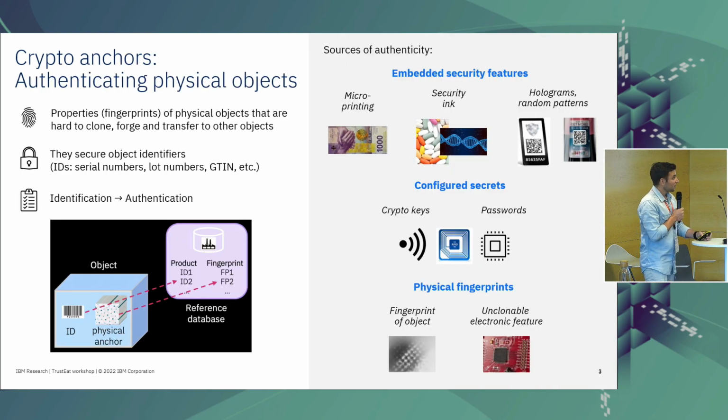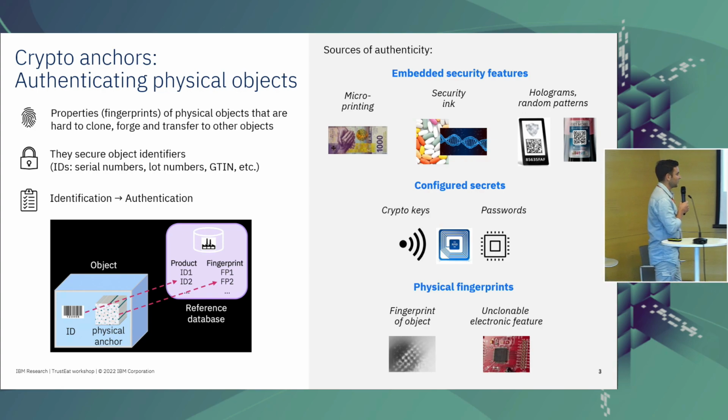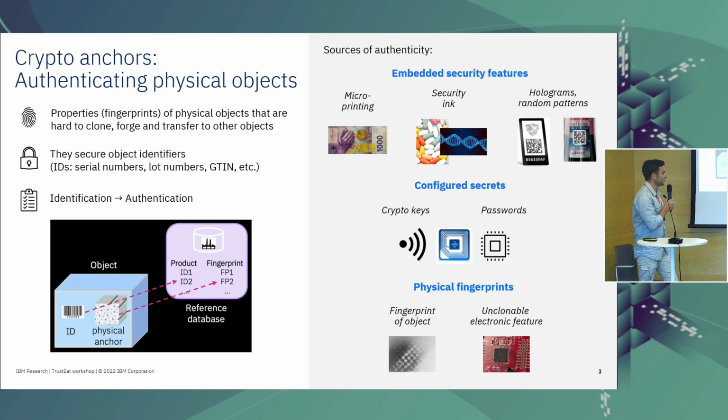So when we talk about crypto anchors, we basically refer to physical objects or physical properties that can uniquely identify an object. You have to think of all the possible attributes that we can give to a physical object in order to make the identification of the object itself possible.